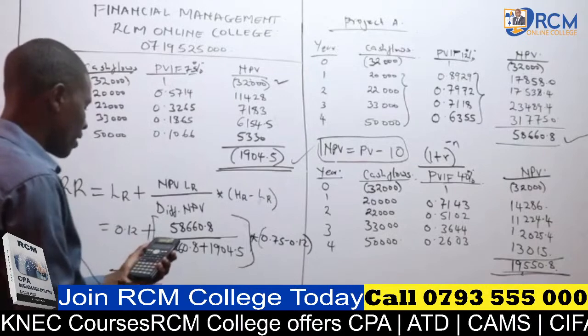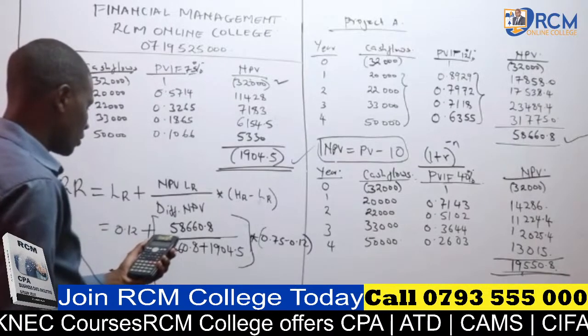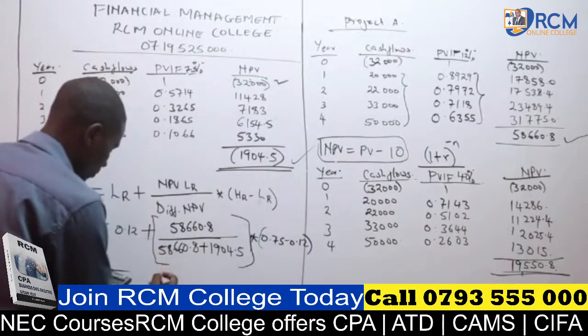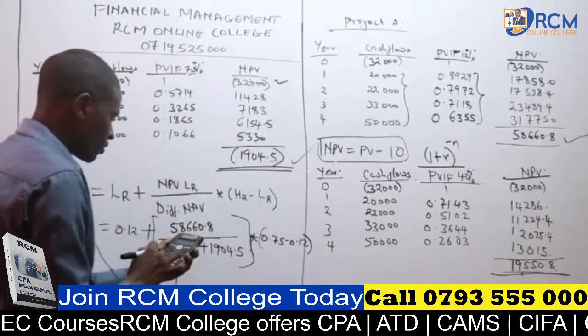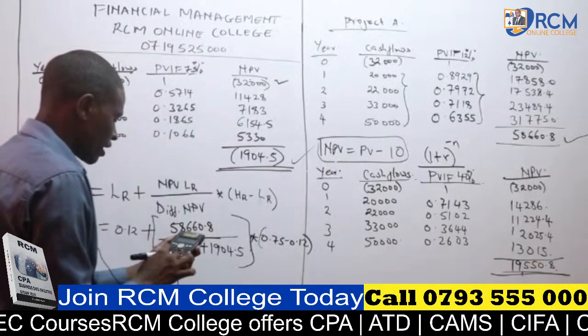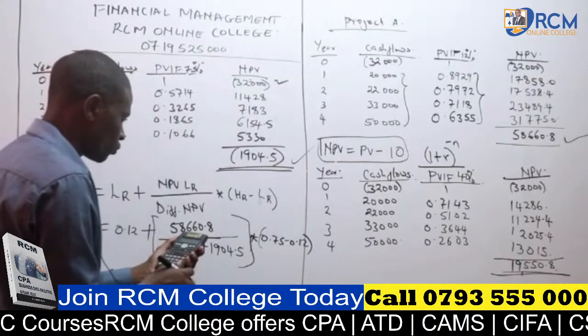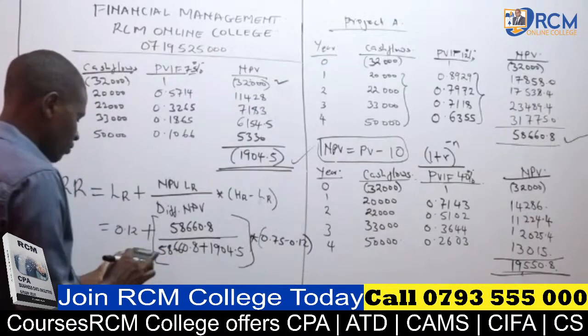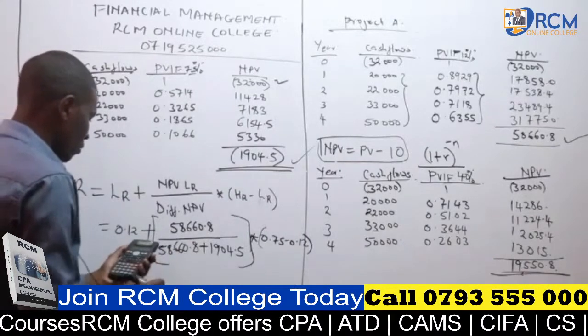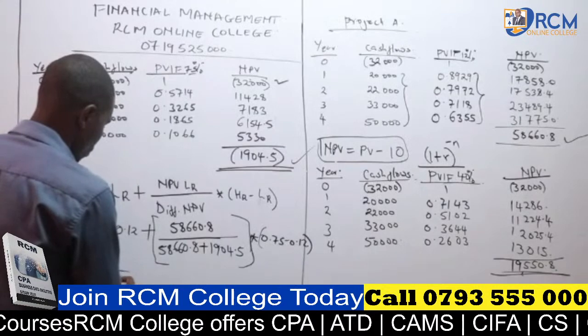I'm getting something. I don't know whether you are getting what I'm getting, and then I multiply by whatever I have here, 0.75 minus 0.12, getting 0.63, and then I add this plus 0.12.